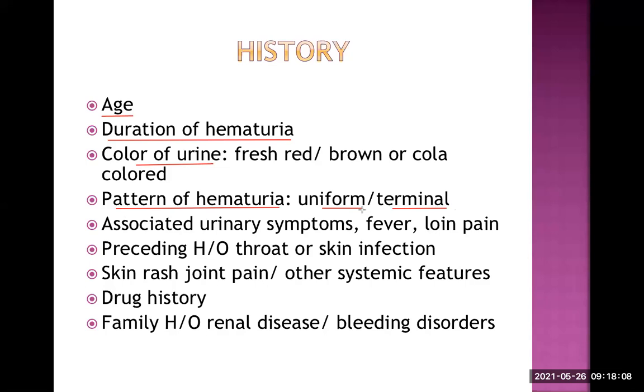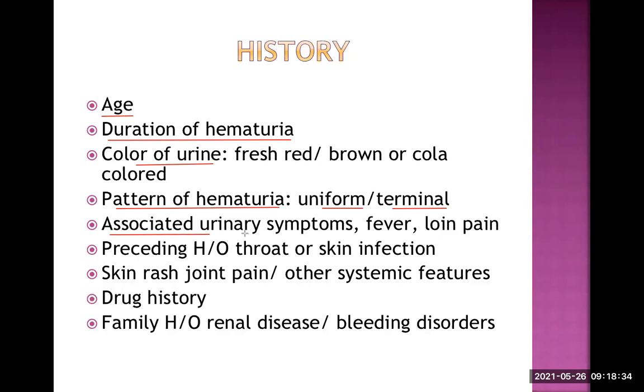The uniform type of hematuria is a feature of glomerulonephritis, that is coming from the kidney side, or any kidney disease, you remember like that. And terminal type of hematuria is a feature of bladder disease, urinary bladder. Especially when the urinary bladder contracts, then hematuria may start.